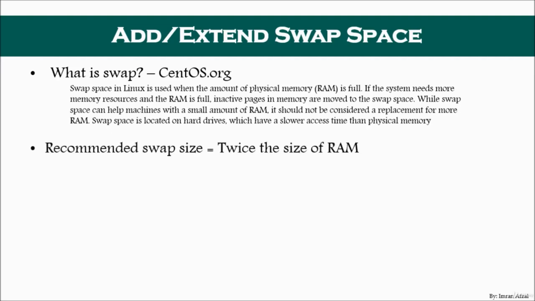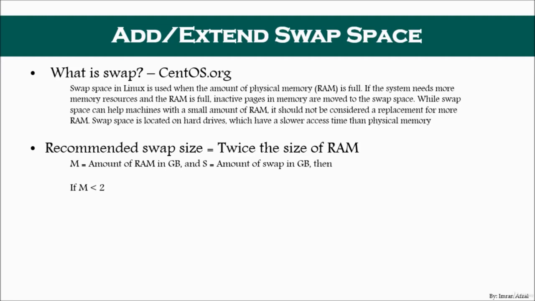The recommended swap space by the operating system is twice the size of RAM. Which means, let's say if you have 2 gig of physical memory in your system, then you should have 2 gig of swap space. So the formula is: let M equal the amount of RAM in gigabytes, and S the amount of swap space in gigabytes.